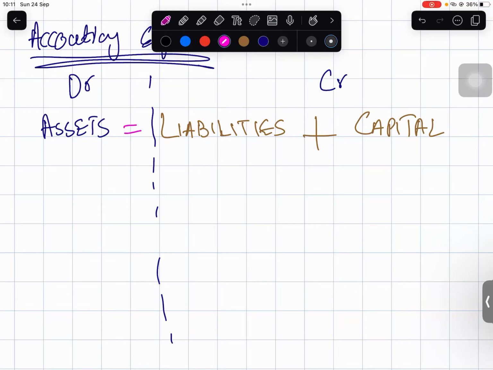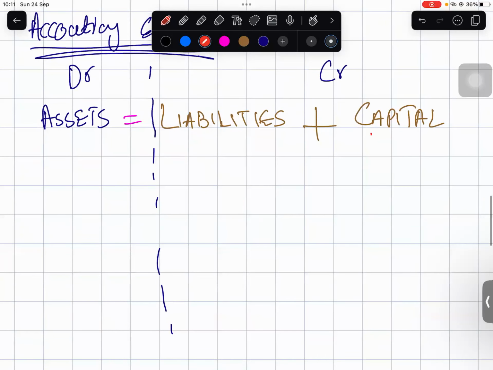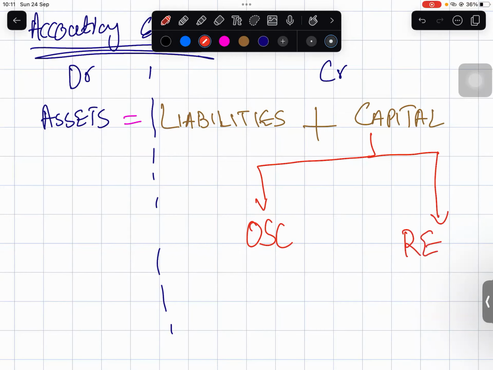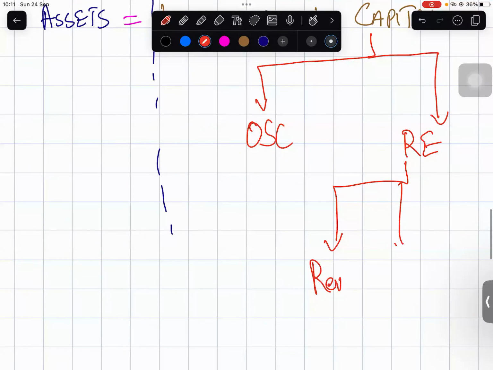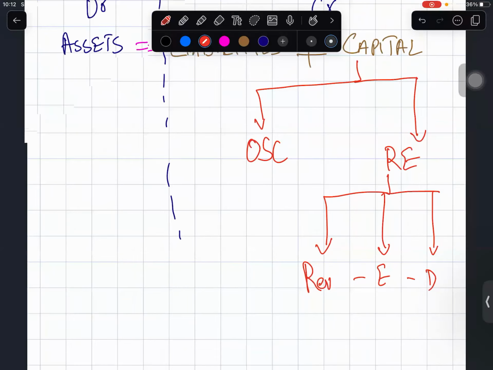And then we discussed that when it comes to capital, it is divided into ordinary share capital and retained earnings. And to get to retained earnings, what we do is we take our revenues, we subtract expenses from them, and then we subtract our dividends or our drawings, and we arrive at the value of retained earnings.